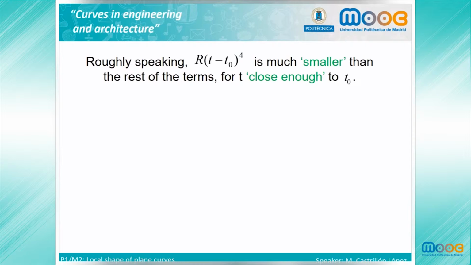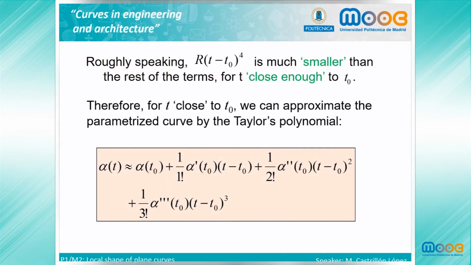Hence, for t close to t0, we can have a good approximation of the parametrized curve by just the first four terms. This part is called the Taylor's polynomial, and we are going to use this approximation for our study.